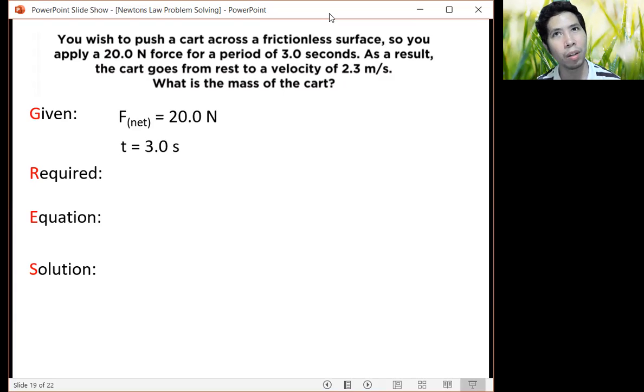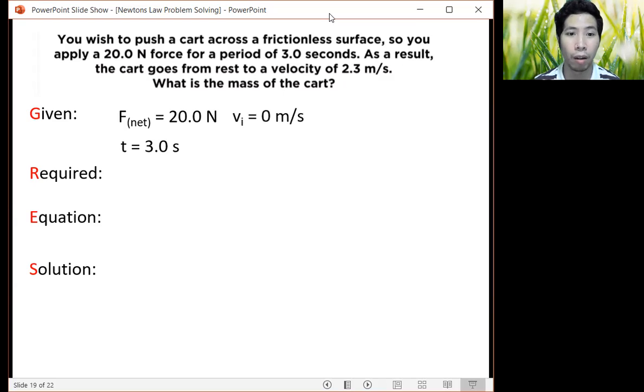So let us remember that in order for us to solve problems involving Newton's law, we need to have the force, the mass, and or the acceleration. But in this problem, there's no acceleration, but just the velocity. But it's telling us that the cart goes from rest, so since the object is at rest, there is no velocity.